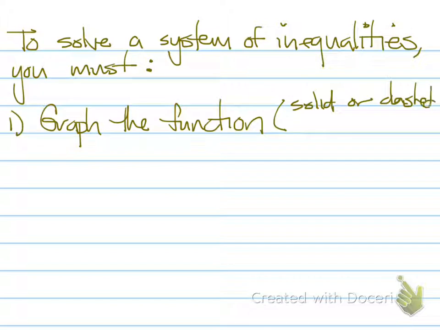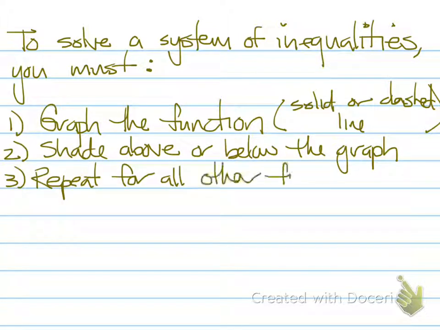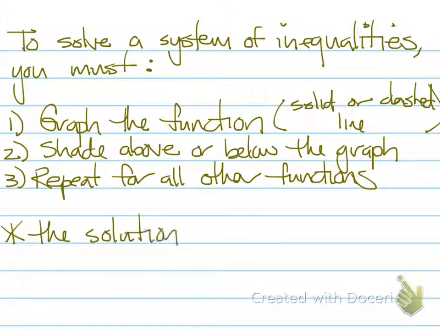And once you graph the lines using solid or dashed lines, you need to then either shade above or below the graph, depending on whether you have a greater than or a less than symbol. And then you're going to repeat for all the functions. All right, graph the function, solid or dashed line, either shade above or below the graph.